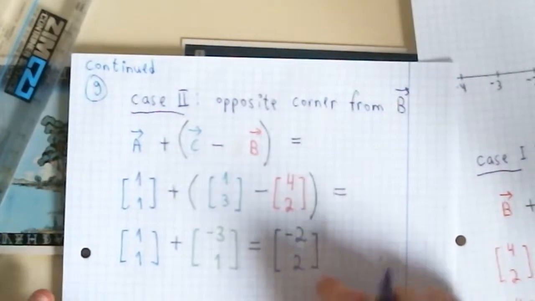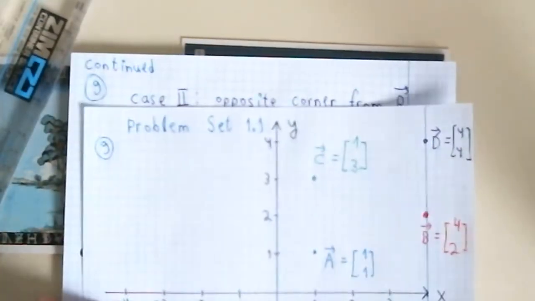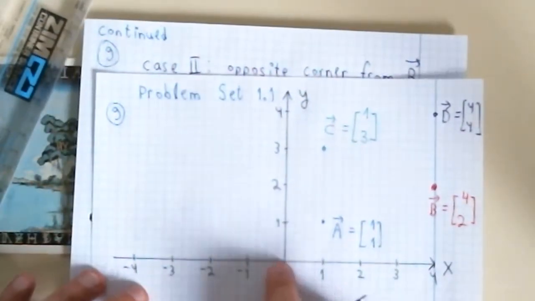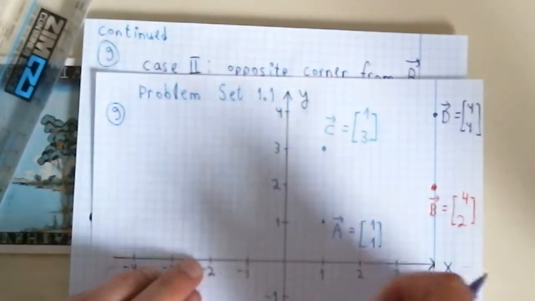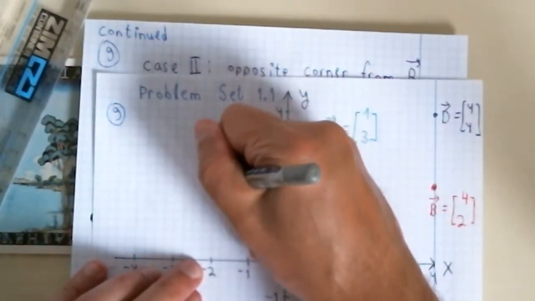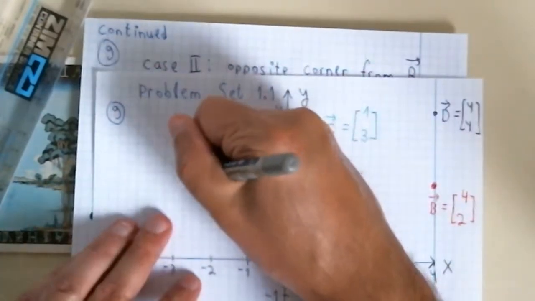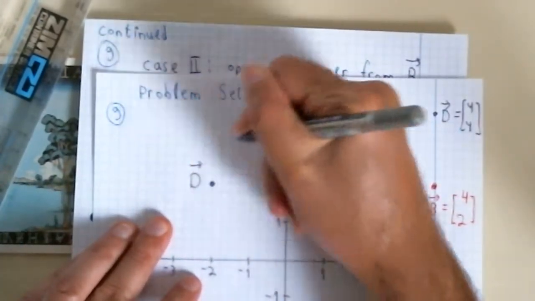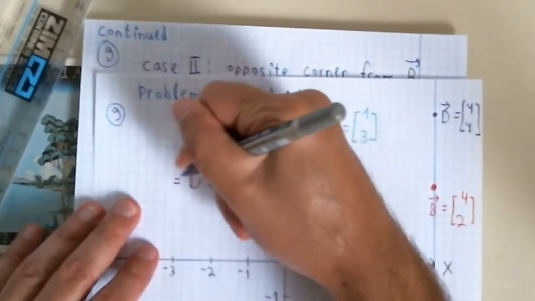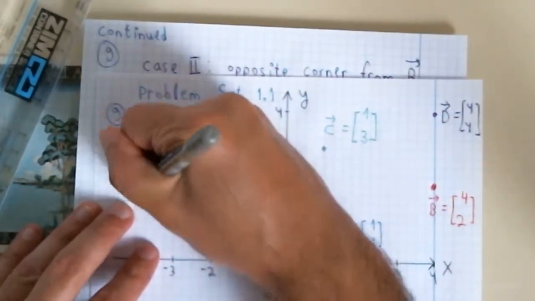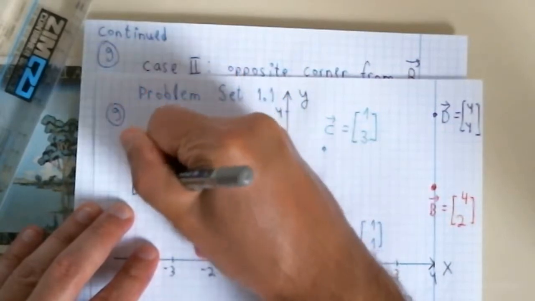So minus 2 and 2, it would be here. It would be minus 2 in the x direction and plus 2 in the y direction. It would be here. Okay, so this is the second option for D, which is minus 2, 2.